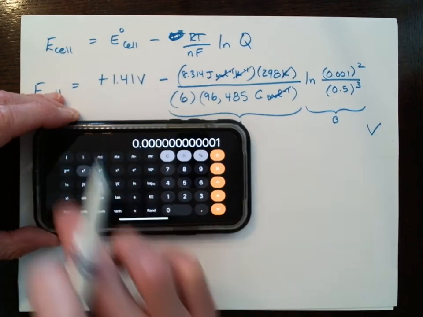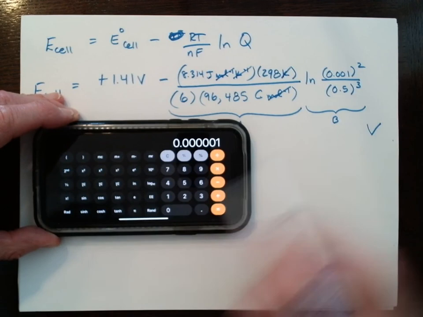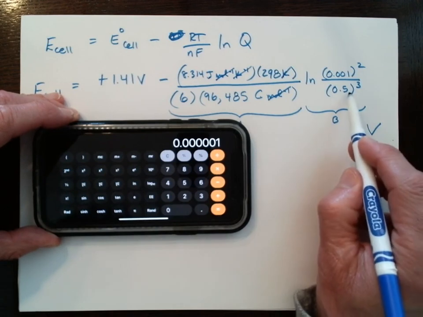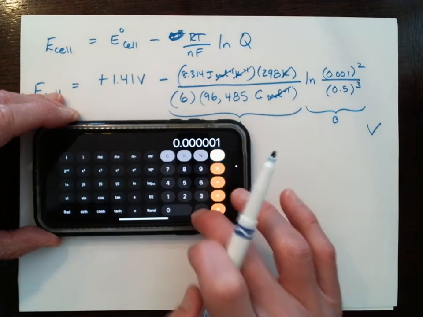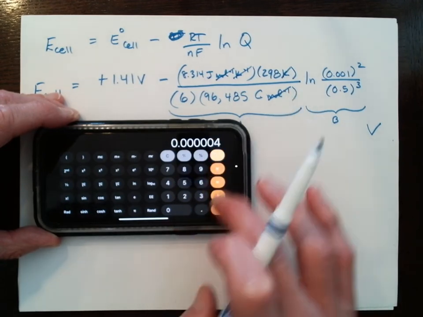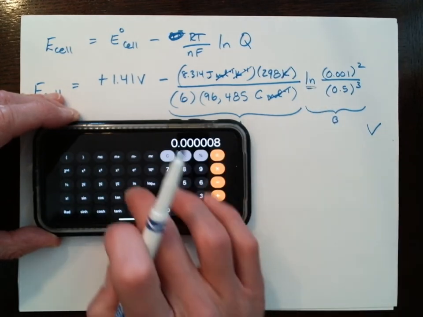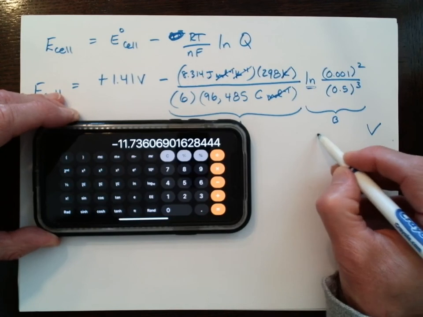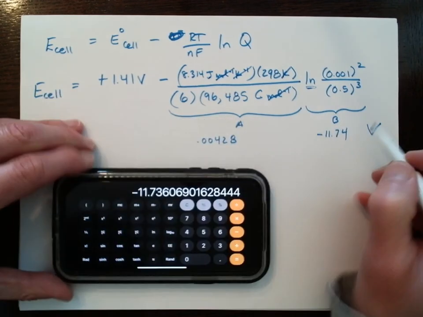Let's square it. And then I did divide that by 0.5 cubed. I'll just divide by 0.5 3 times. Okay, let's keep track here. Divided by 0.5, that's once. Divided by 0.5, that's twice. Divided by 0.5, that's 3 times. Now I need to take the natural log of that. So this part comes out to negative 11.74, we'll call it.